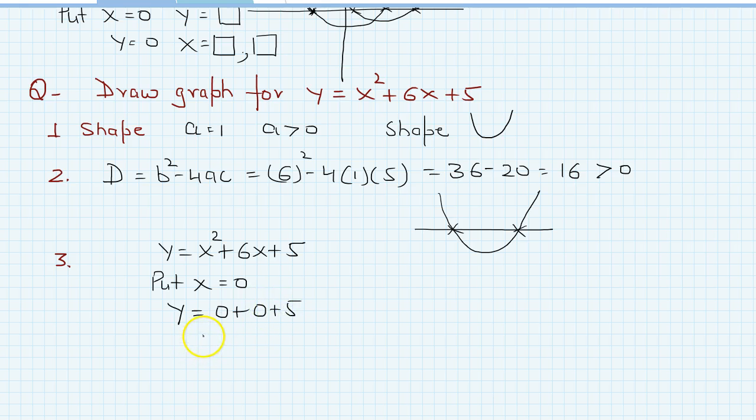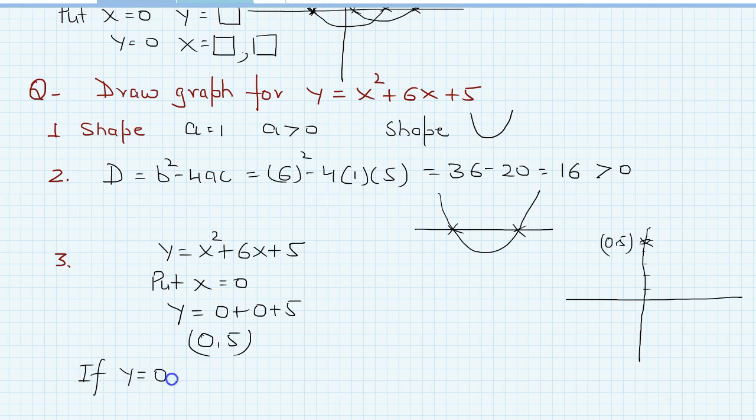So our coordinate is x is 0 and y is 5. It means the graph is 1, 2, 3, 4, 5. The graph will pass through this point 0, 5 on the y-axis.